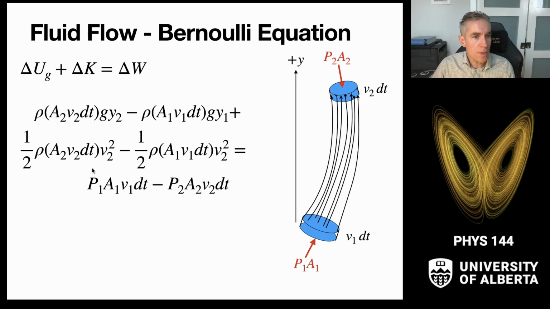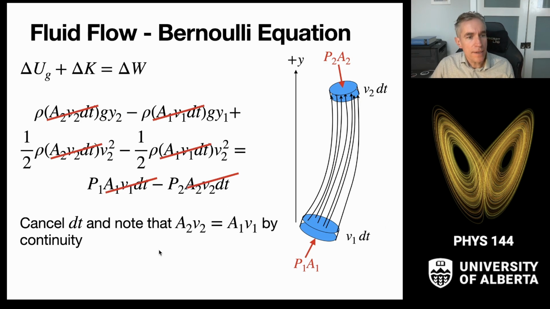And you'll notice as we go through here, every one of these terms is going to carry with it an A v dt. So there's a dt in everything, and then there's an A2 and a v2.